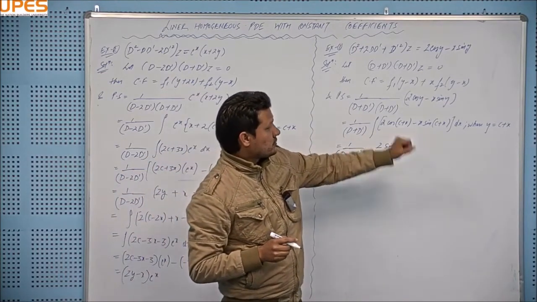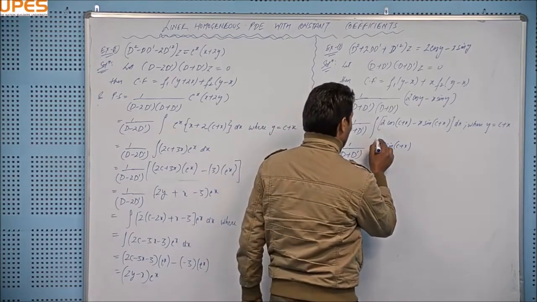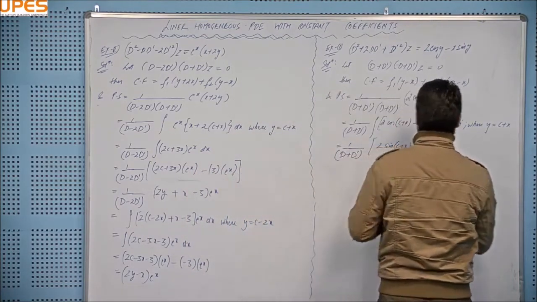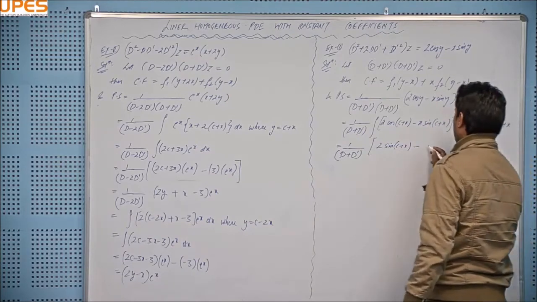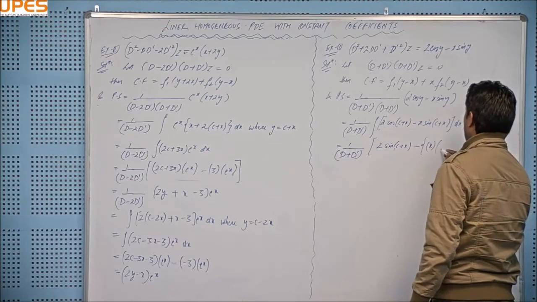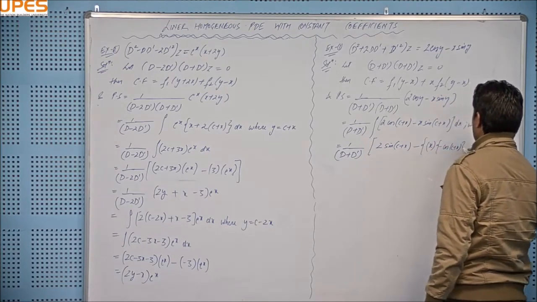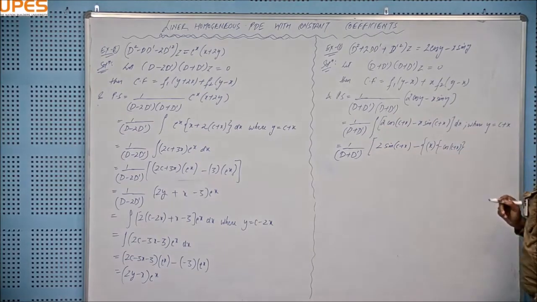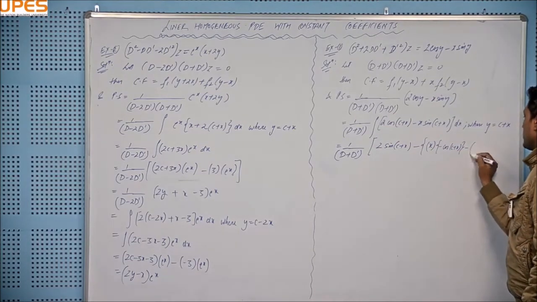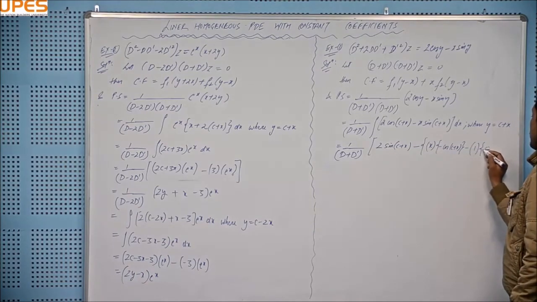And for that I have to apply again the by parts rule, the shortcut formula. Taking the first function as x, first function x, and the integration of the second will be minus cos(c plus x). Then with the sign changed, the differential of x is 1, and the integration of this will be minus sin(c plus x).